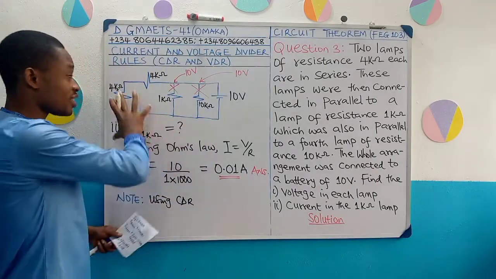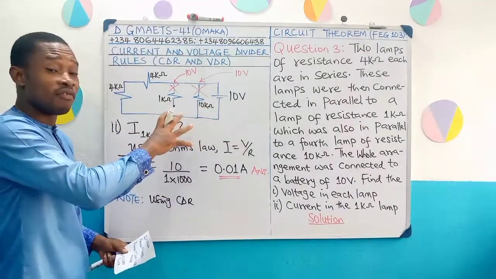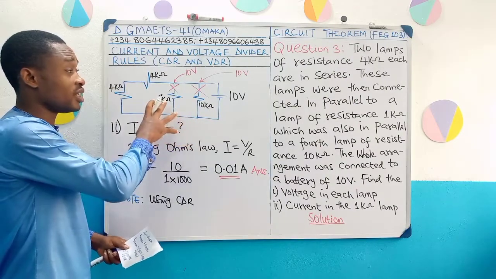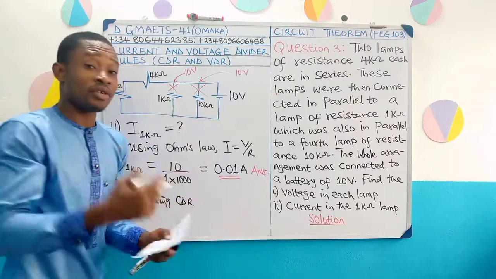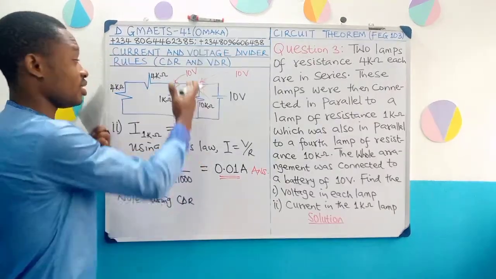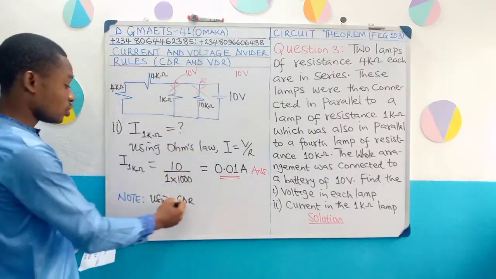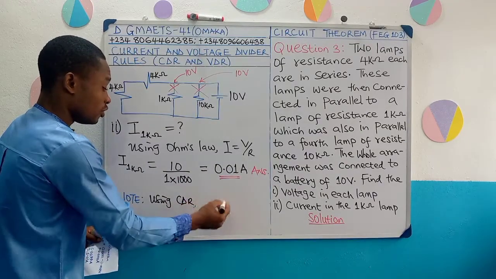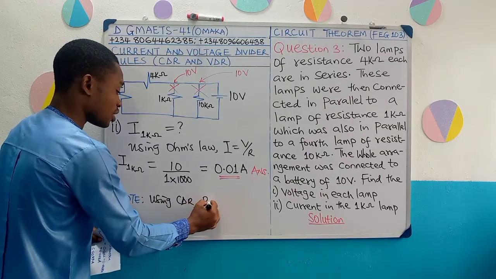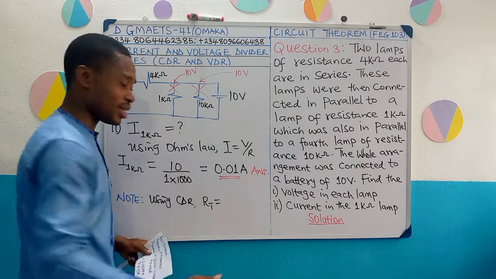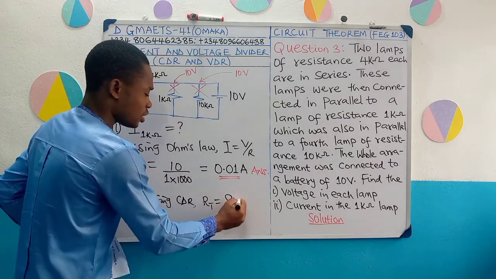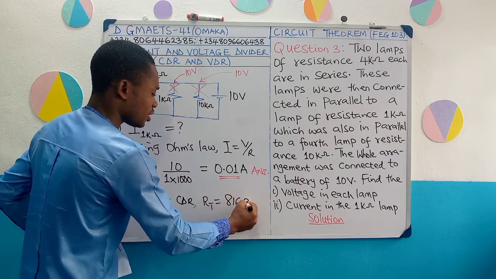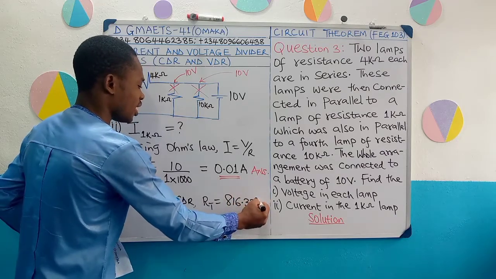Now in doing that, in the first case, the total value of the resistance you are going to get, because if you're using CDR, you need to know the total current in these circuits. So note, using CDR, you first obtain the total resistance, R total, and when I did that, actually it gave, I think, 816.33, alright, I think 339 ohms.